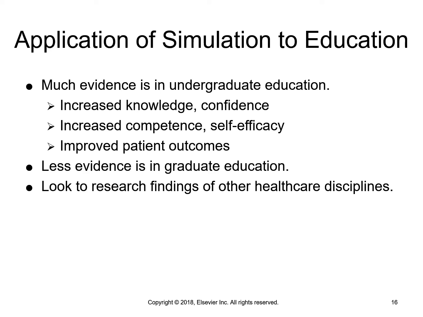The educator needs to look outside of the graduate nursing education for research related to simulation and look at the outcomes of the research. Simulation has been used in other healthcare specialties for many years. Anesthesia has been using it for over 20 years. Research in other areas can easily be extrapolated to graduate healthcare education.